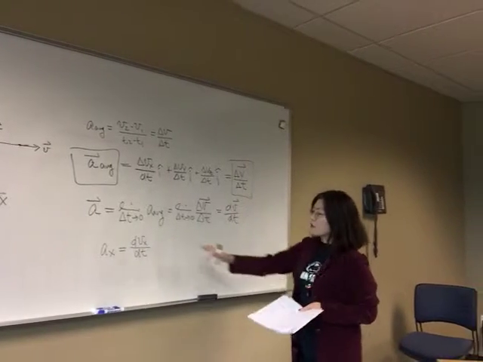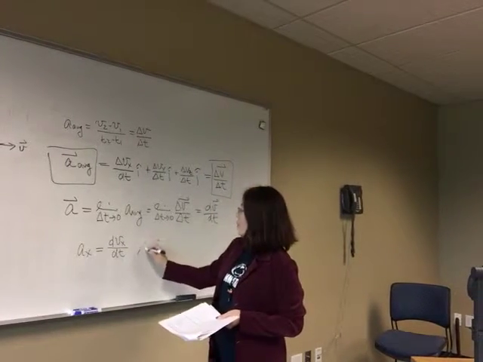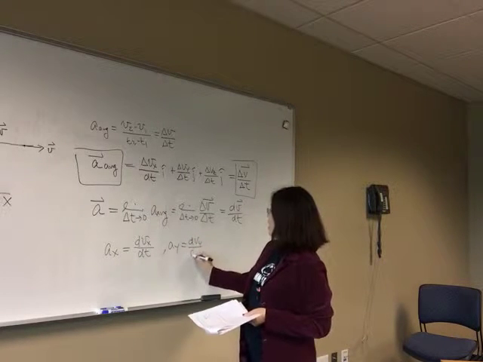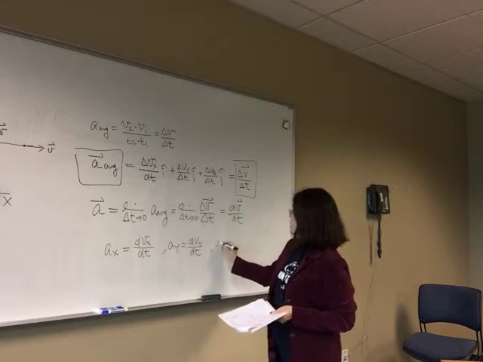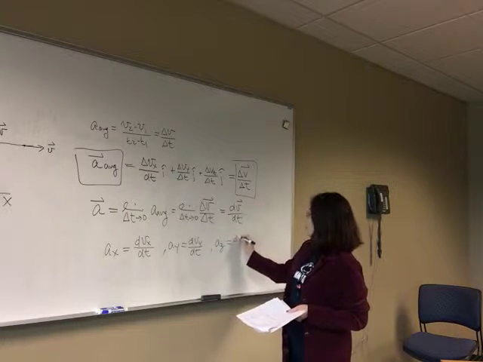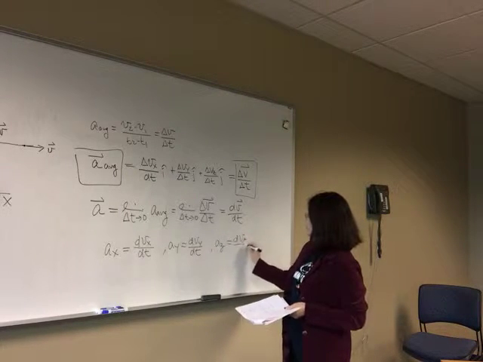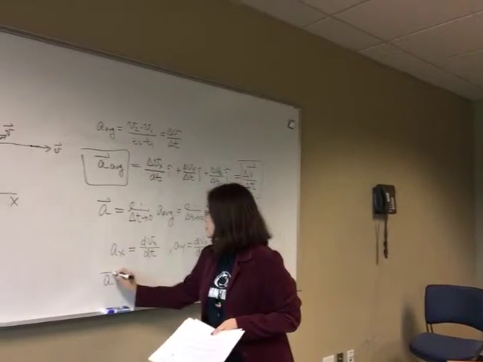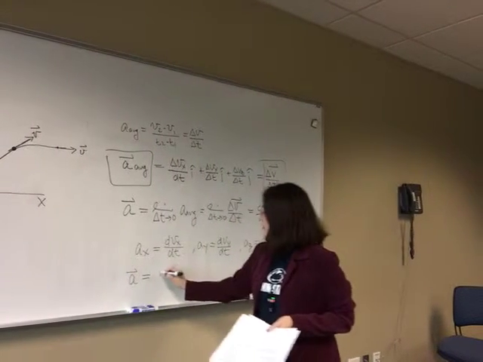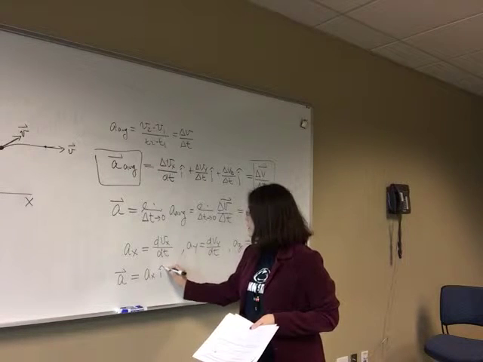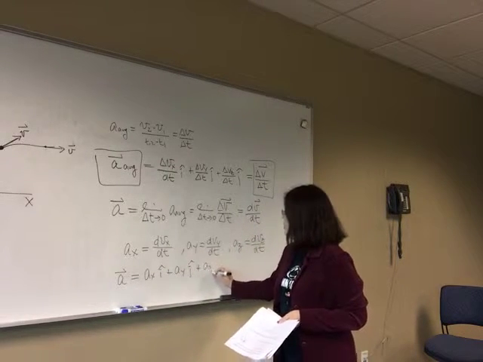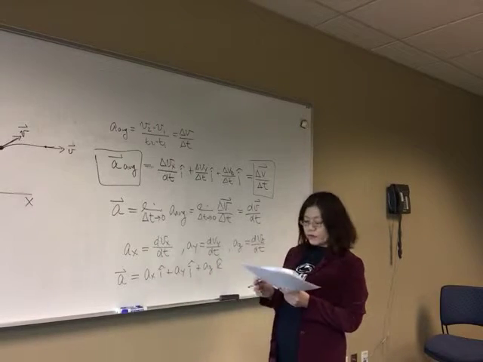So dvx dt, and then your y component will have dvy over dt, and your z component is this. So your acceleration can be expressed as the x component i hat, the y component j hat, and then the z component k hat. Okay?